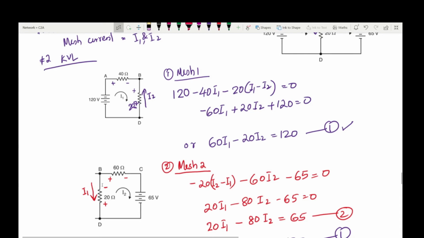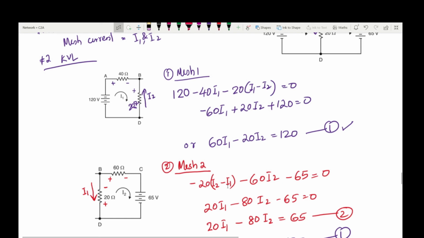So what is the current flowing through this 20 ohm resistor? As I mentioned earlier, when we are considering mesh 2, this current is taken as positive. So minus 20, when we are considering the second point for fixing the polarity of voltage drops or voltages. When we are moving in this direction, the polarity is minus, so that is written over here. Then minus 20 into what is the current?